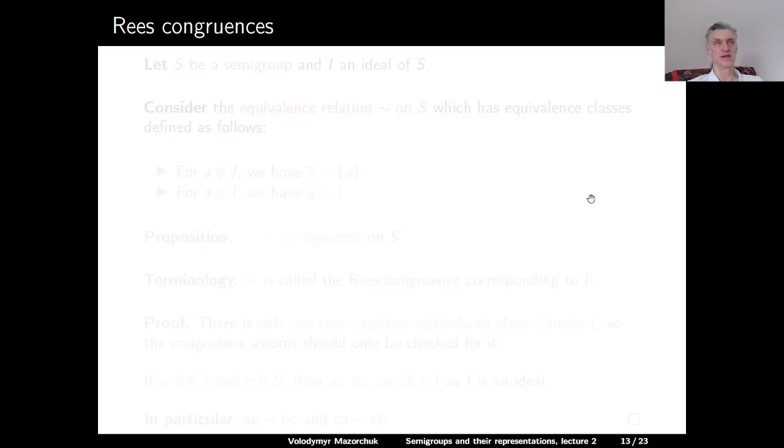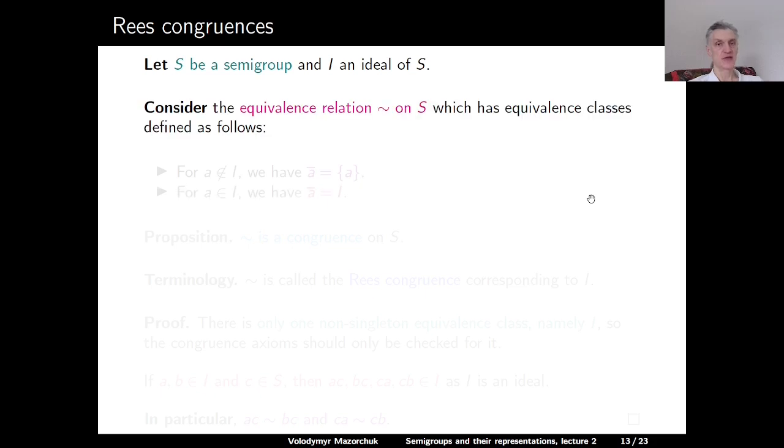Now we can define the notion of a Rees congruence. Let S be a semigroup and I an ideal of S. Consider the equivalence relation tilde on S, which has equivalence classes defined as follows. If A is not an element in I, then the equivalence class of A consists just of A. It's a singleton.